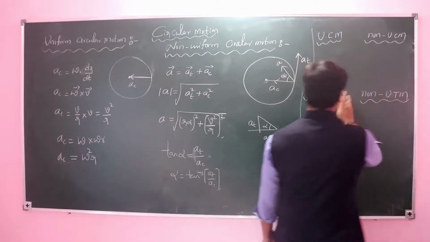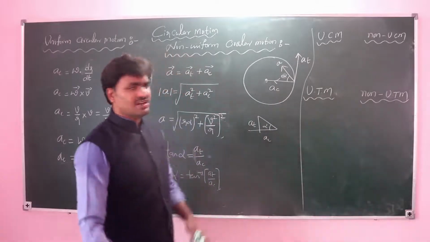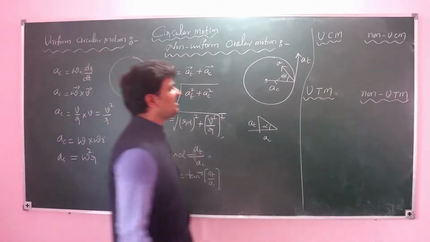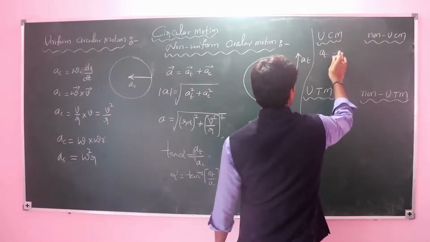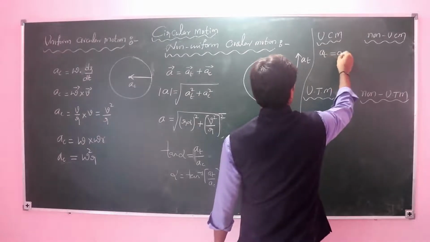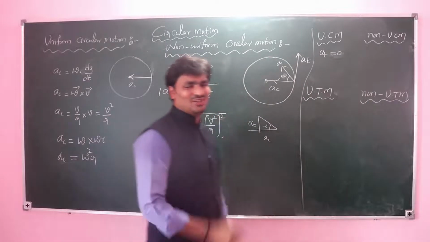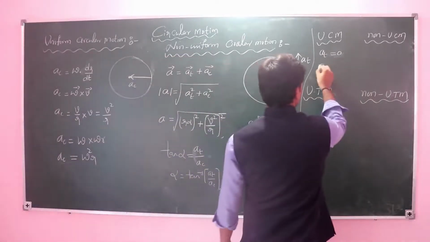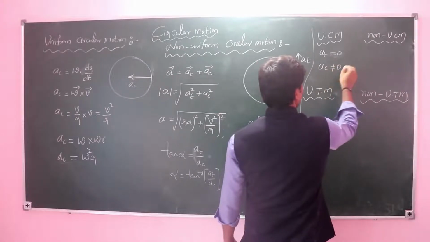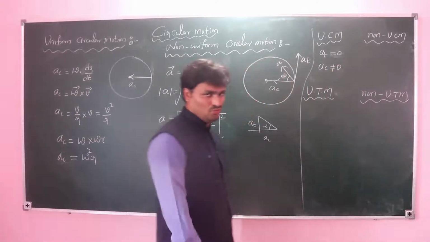First of all, take uniform circular motion. In uniform circular motion, the tangential acceleration is zero, because the magnitude of the speed remains constant. So that's why tangential acceleration is zero. And centripetal acceleration is not equal to zero in uniform circular motion.